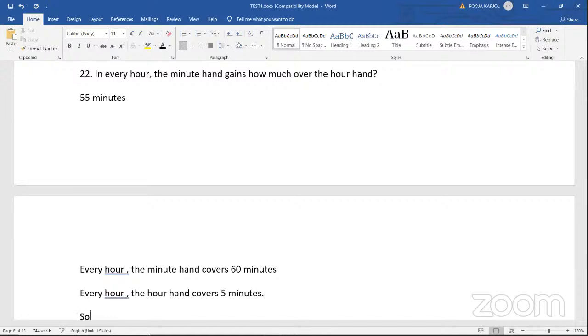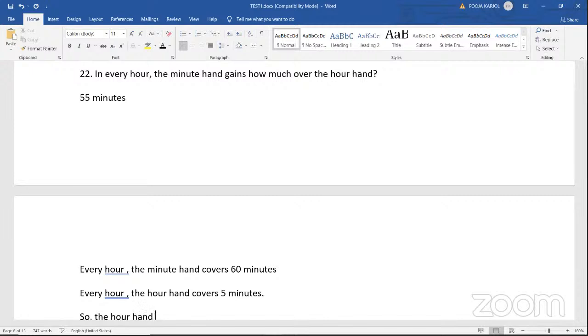Okay, so they have asked gains. They have said how much will the minute hand gain over the hour hand. That means clearly the minute hand moves more than the hour hand, and that can be measured only in terms of minutes. Am I making sense?